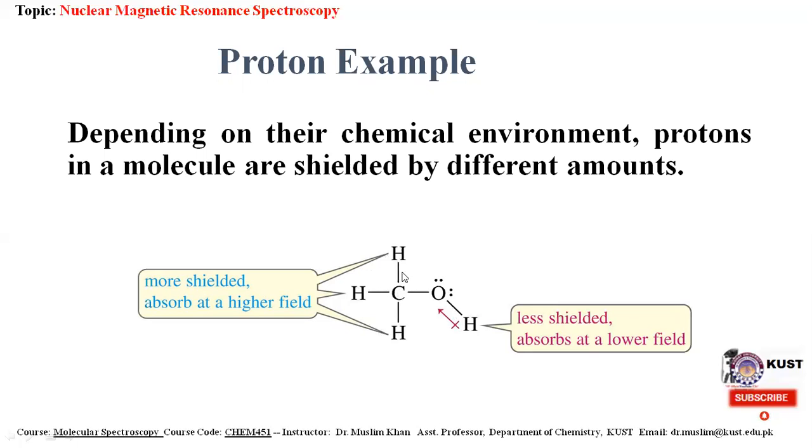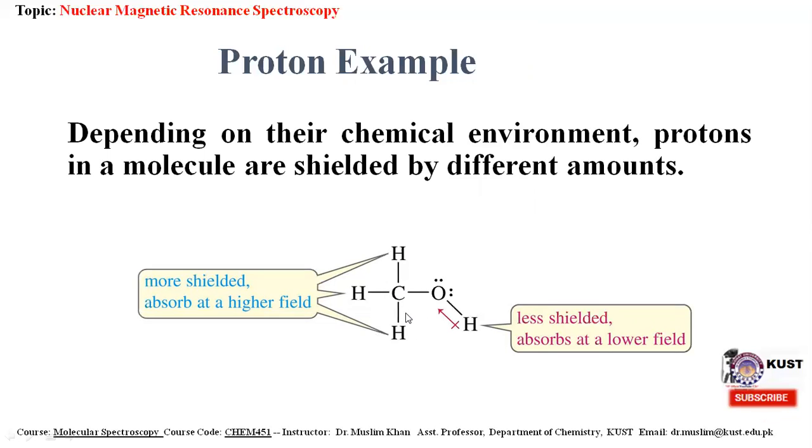So these electrons are almost equally shared between carbon and hydrogen. When these electrons are circulating, they are opposing the external magnetic field. It means they are shielding these protons from the external magnetic field.